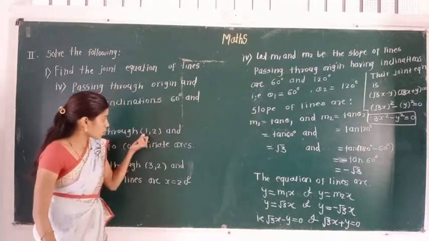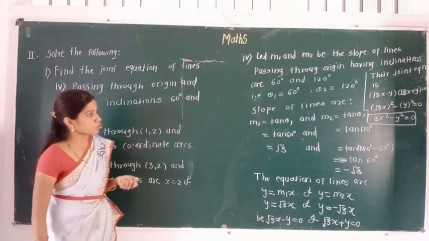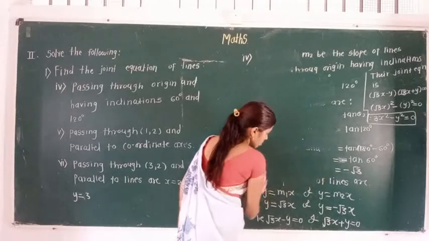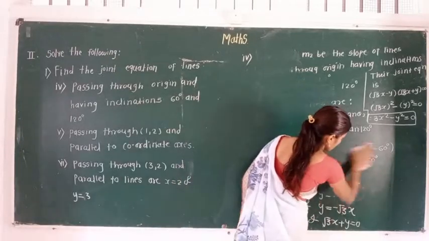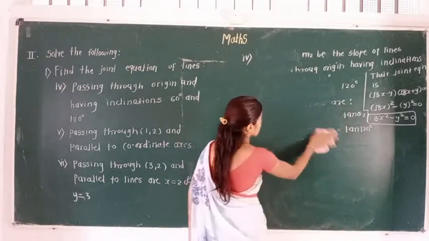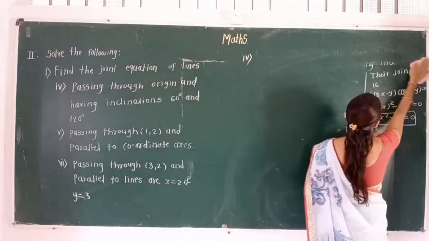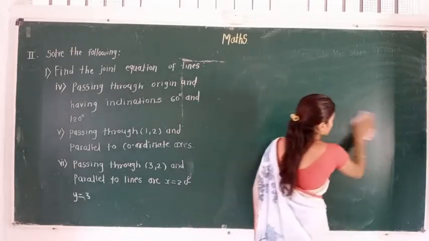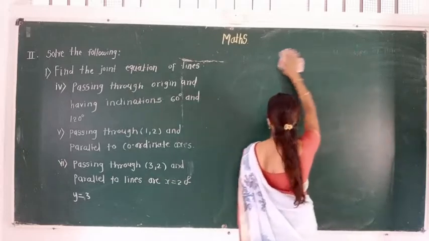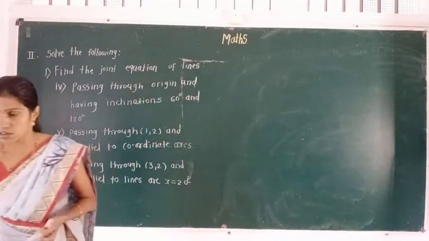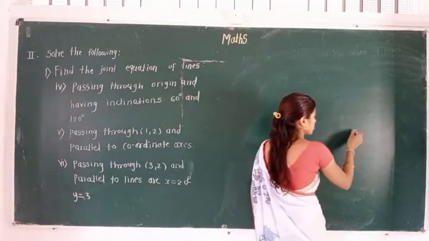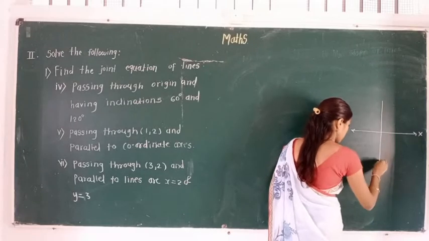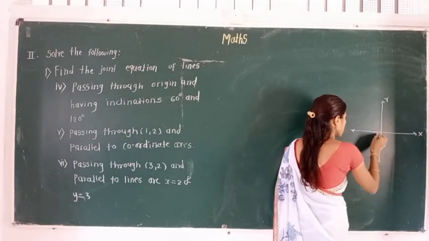So first we draw the coordinate axes. Here is the x-axis and here is the y-axis. These two are the coordinate axes.